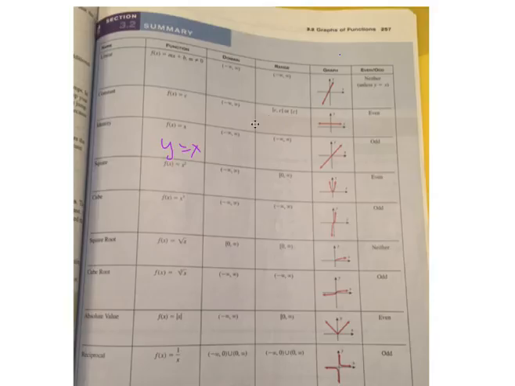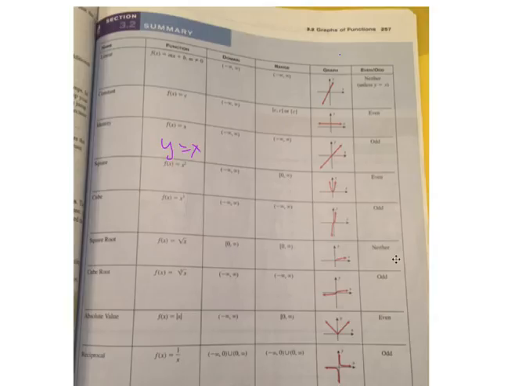My constant function, the domain is negative infinity to infinity, but the range is just simply that constant. The only y value that gets mapped to is my constant. When I look at a cubic function, looks like so. It is odd, it's symmetric over the origin, and my domain and my range are negative infinity to infinity.